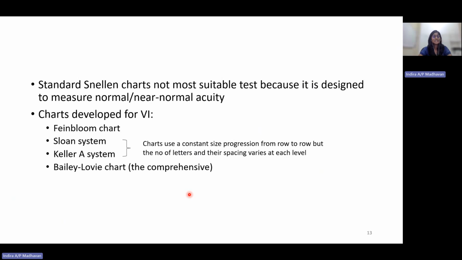Okay, so standard Snellen charts are not the most suitable test, but are designed to measure normal or near normal acuity. If you see here, the chart is actually 6/16. Okay, and also the alphabets that are used are to measure normal or near normal acuity.